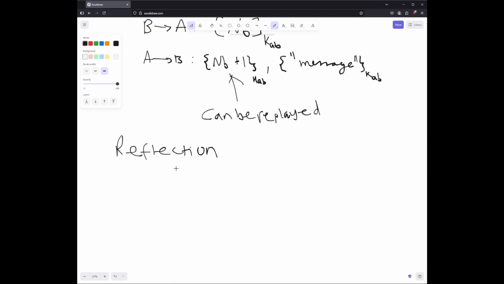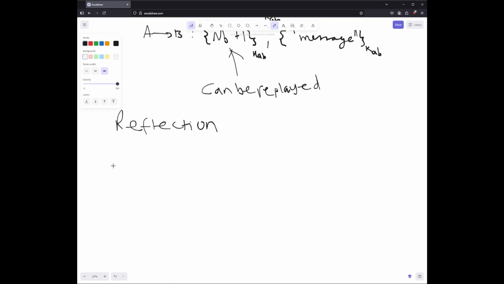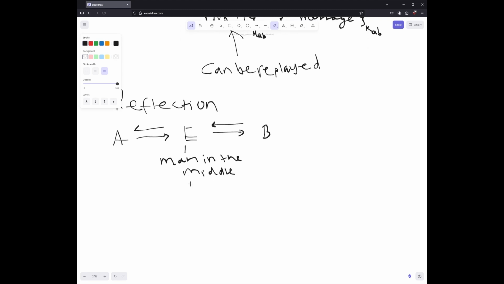Let's say that we have A who wants to communicate with B, but E is in the middle of the two. So E, or Elvis, is basically the man in the middle. This person, Elvis, is trying to intercept these messages between A and B.